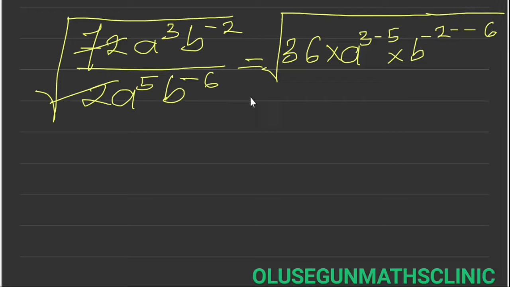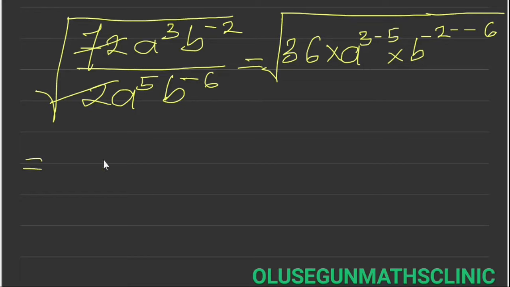Try to understand me better. I use these two to divide 72. It gives us 36. The A, they have the same base, from the second law of indices, you select only one base to be A. Therefore, you now do 3 minus 5. The B also, you say minus 2 minus.